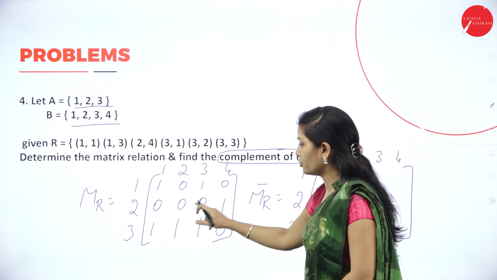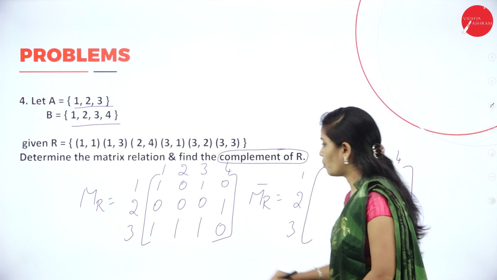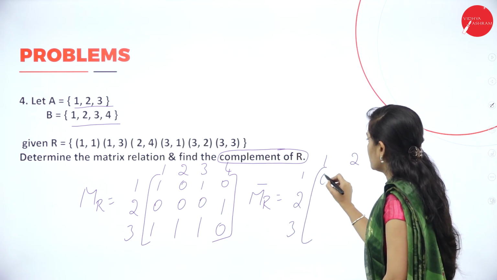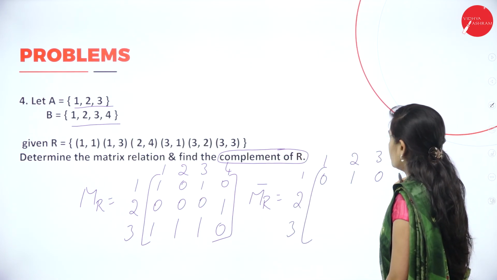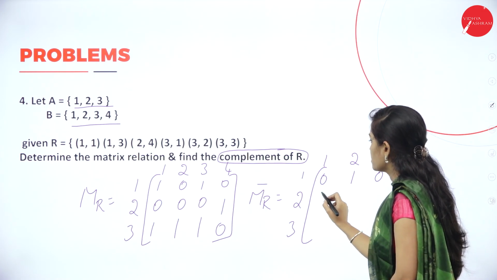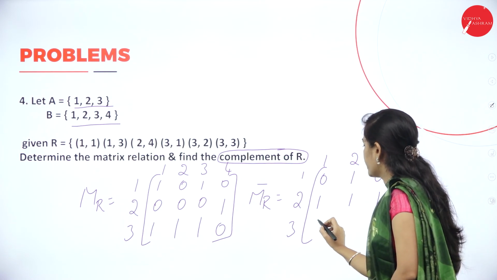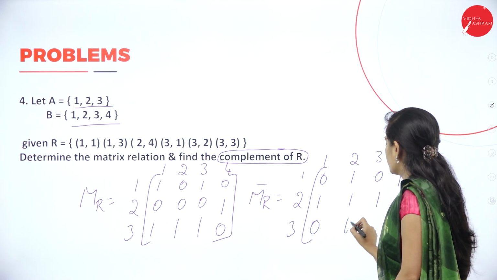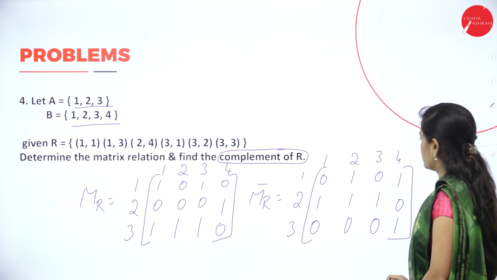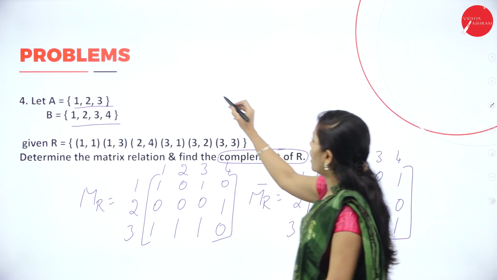Wherever you have 0, that will be 1. 1 means 0, 0 means 1. So now you can find R complement.